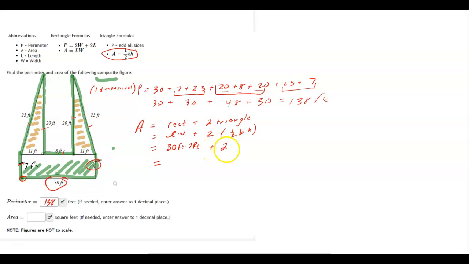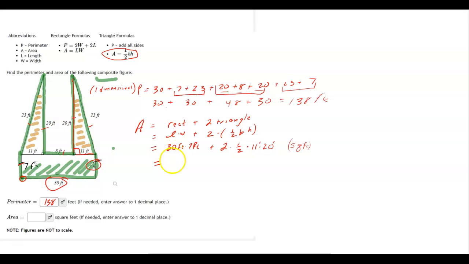And then 2 times, now with parentheses, since that's all multiplication, we can just drop the parentheses, the base of the triangle is 11 feet. And the height of a triangle is always perpendicular to its base, so that would be the 20 feet. The 23 does not come into play in this problem at all. Now when you multiply feet and feet, you get square feet. So that's going to be our unit when we're all done here.